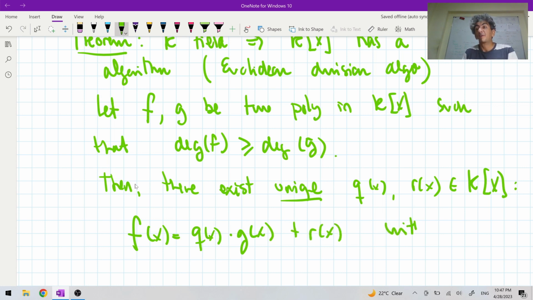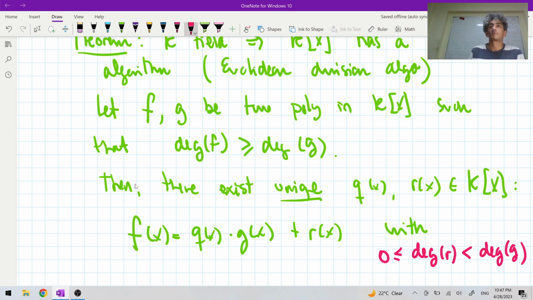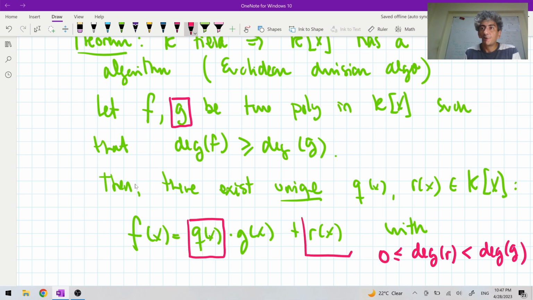And the very important thing is that this r of x, this polynomial r, needs to satisfy a very strong condition. 0 has to be less or equal to the degree of r and needs to be strictly less than the degree of g. Okay, so g is a divisor, q is the quotient, and r is the remainder.